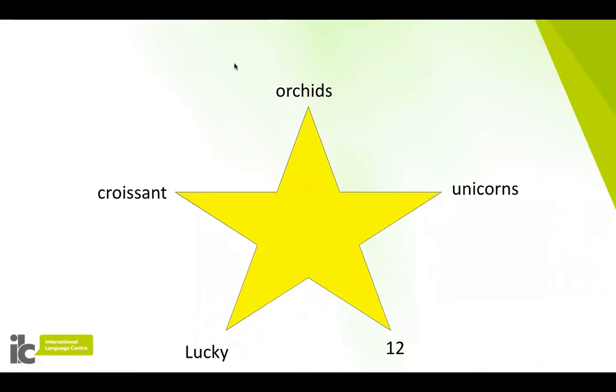The first thing we need to do is, of course, introduce ourselves as teachers. Here I'd like to suggest an idea. You can see a star. You can draw this on the board, or if you teach online, you can just make it in your PowerPoint presentation. You need to think of 5 facts about yourself. Here you can see 5 facts about me.